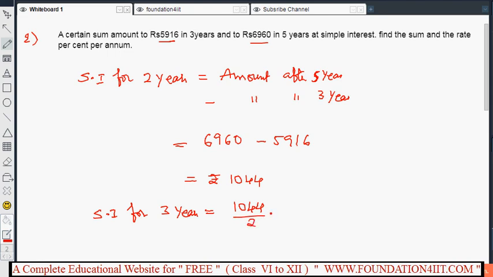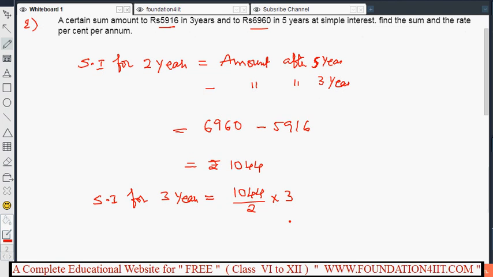Divide by 2 is 1 year. Again into 3, that is for 3 years. Now if we cancel this, 2 ones are 522 into 3. So simple interest for 3 years is 1566.